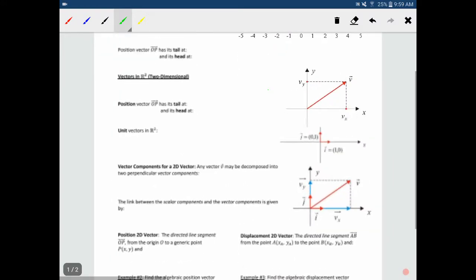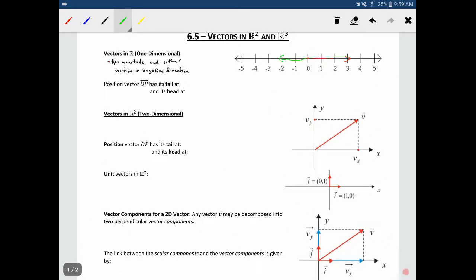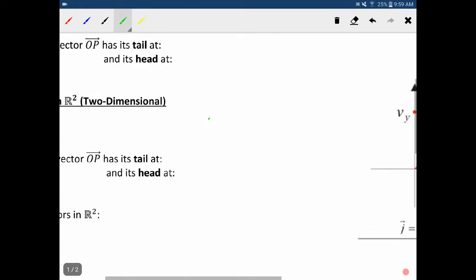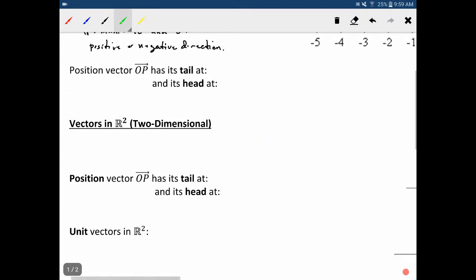If you were going to write it as a position vector, it has its tail at 0. Keep in mind we don't have to say 0, 0 because we're only dealing in one dimension, and its head would be at P.